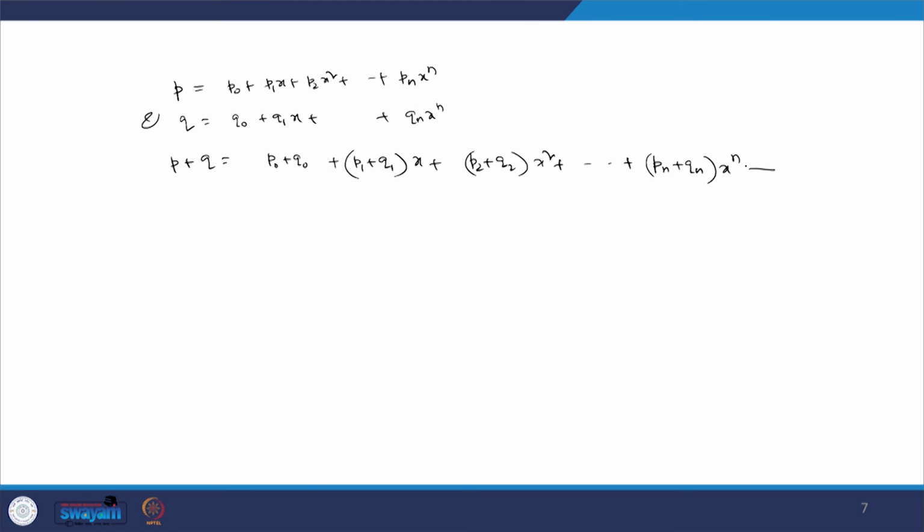So, this is my vector addition. And scalar multiplication, for c belonging to R, c times p, I am defining as c p0 plus c p1 x plus up to c pn x to the power n. So, this is my scalar multiplication.